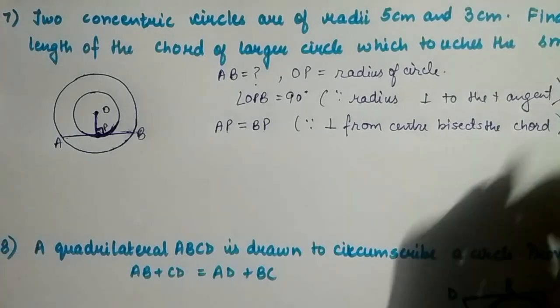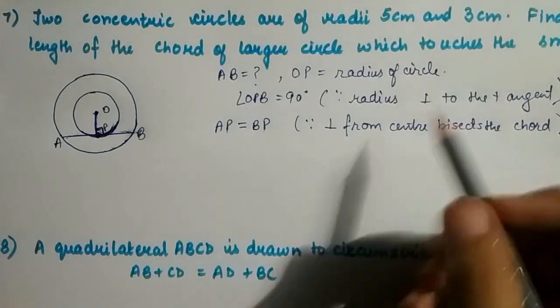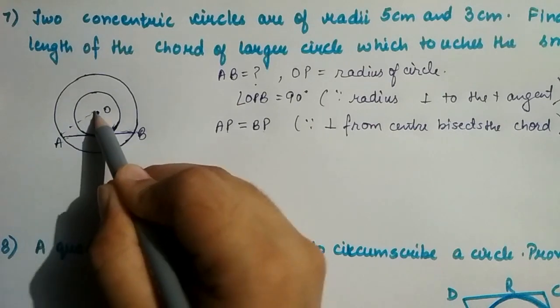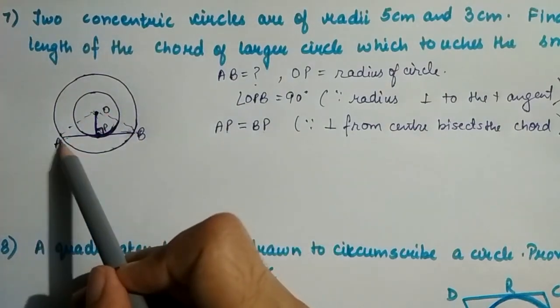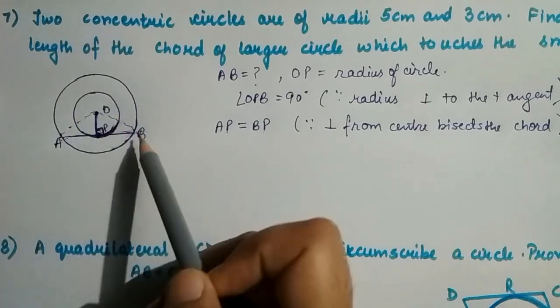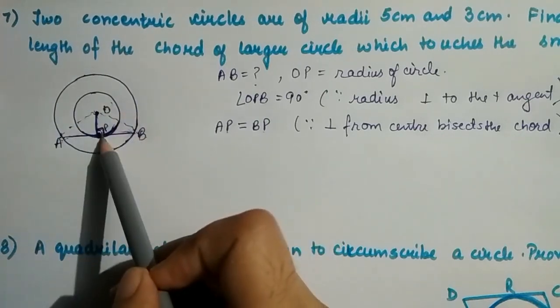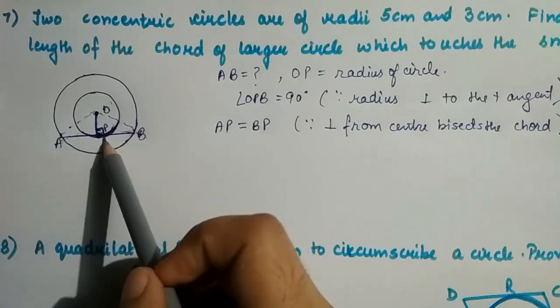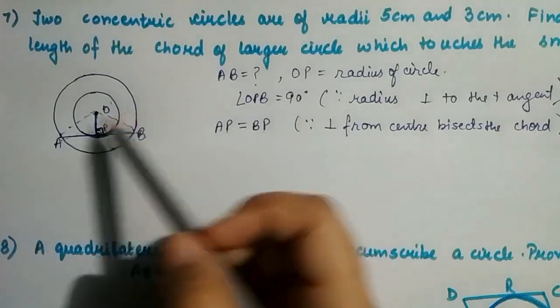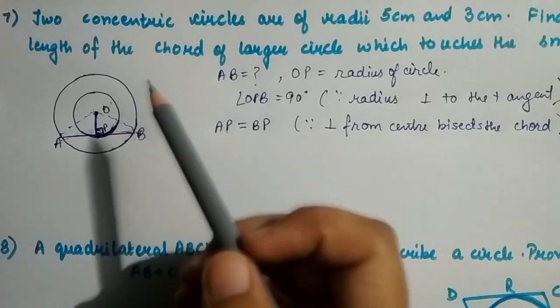Or you can do it in a different way as well. You can join OA and OB, and you can prove triangle AOP and triangle BOP congruent. If they are congruent, then you can prove that AP will be equal to BP by CPCT. You can prove these two triangles congruent very easily.